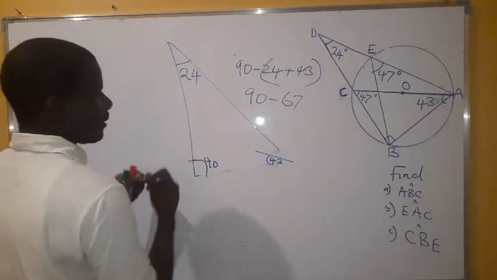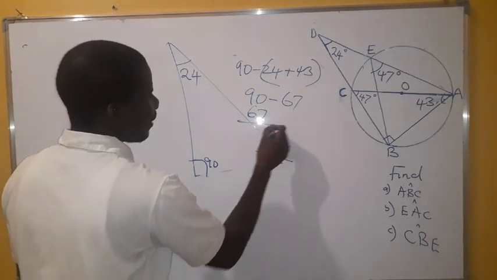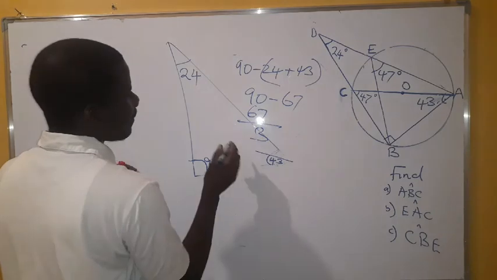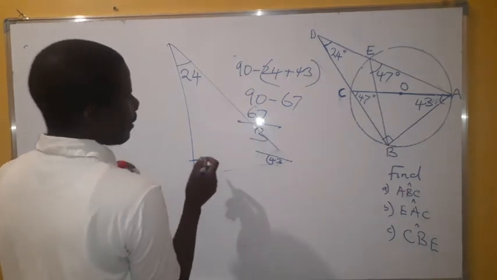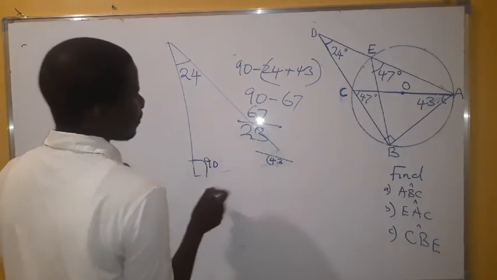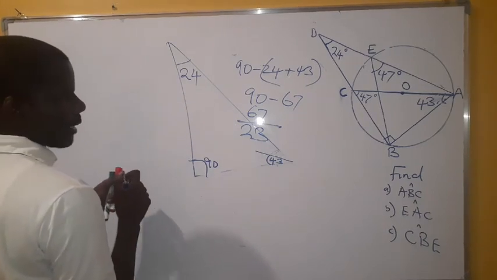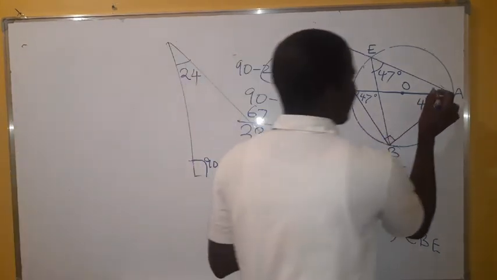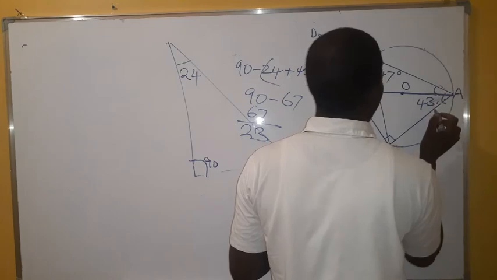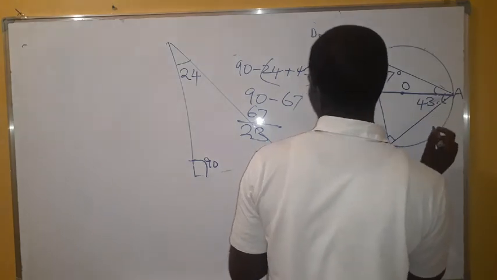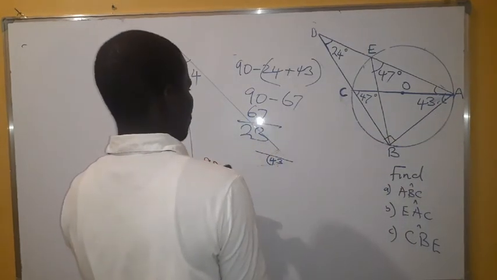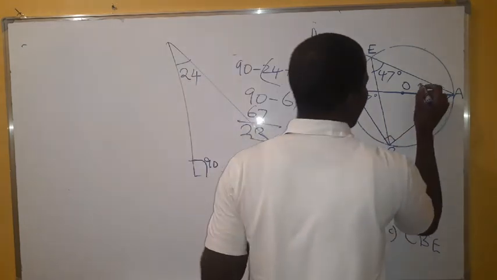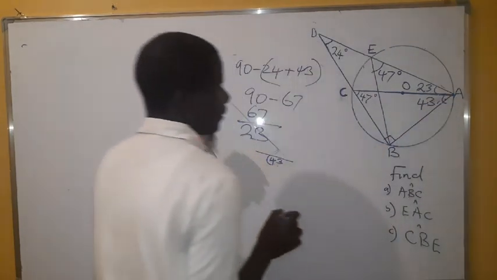What are we getting? 23. So what does this tell us? This part here is 23.